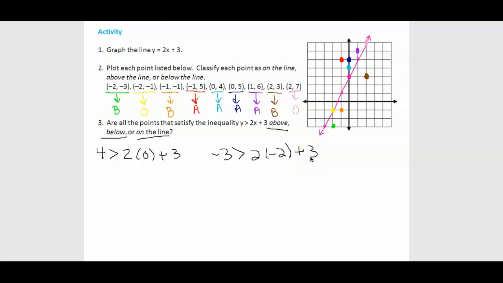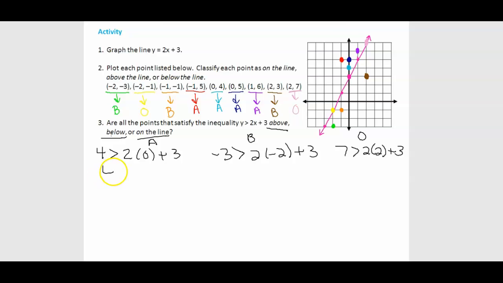And on the line is -2, -1, or you have 2, 7. It doesn't matter. You could pick either one. Let's do 2, 7. So you have 7 equals 2 times 2 plus 3. So on, below, above. And what you would want to do is simplify each of those.